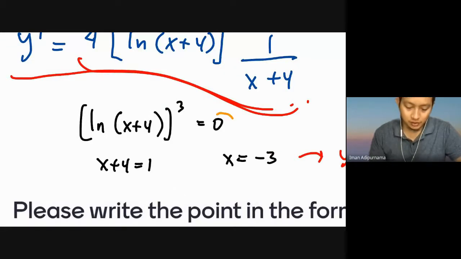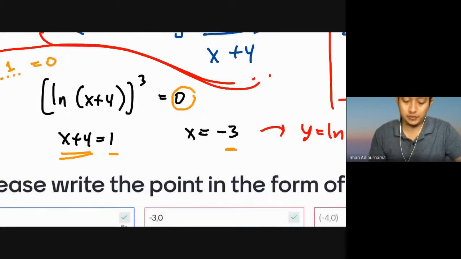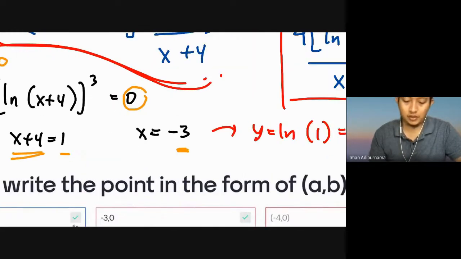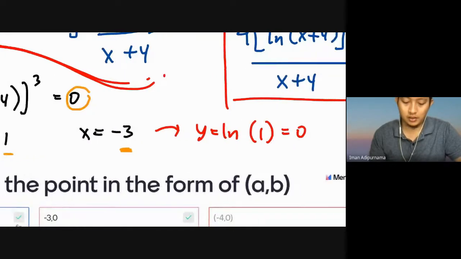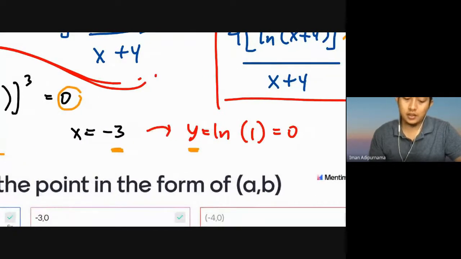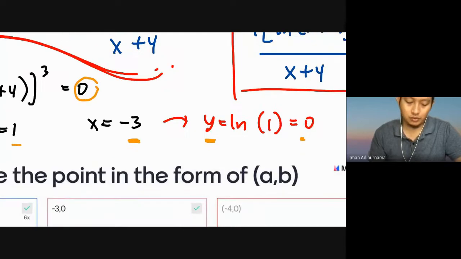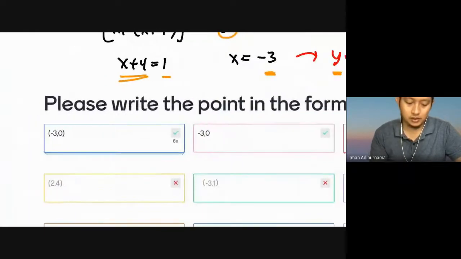But to make it 0, we just focus on this x plus 4, right? The ln that equals 0 is ln 1. So we need to make x plus 4 equal 1. Okay, and then we get x is -3. And then we check the y coordinate is 0. So that will be our answer, this or this.